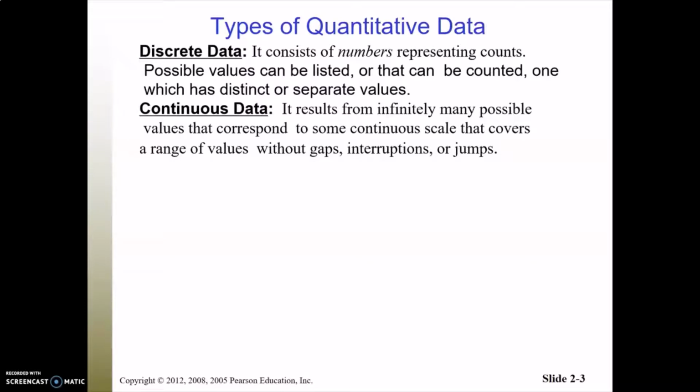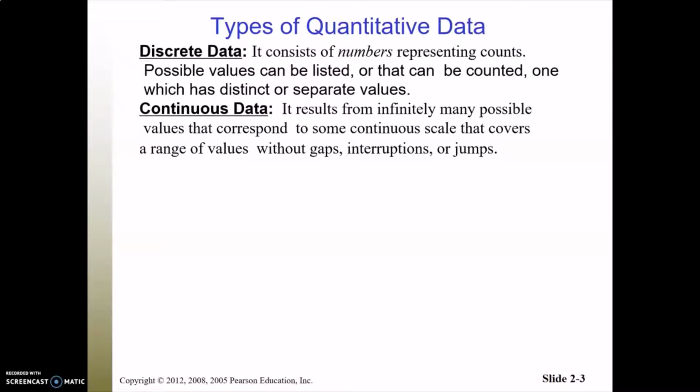I watched that movie continuously, which means without any break. So if the data comes into existence as a process of measurement, then such data is called continuous data. An example is your weight.